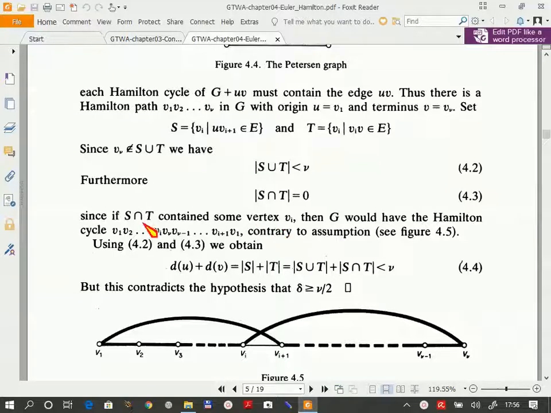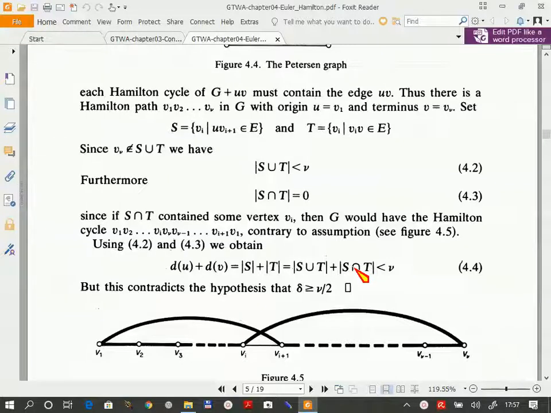And now we can have this. If you take the degree of U, it is the number of elements in S by the definition of S. The degree of V is the number of elements in T by the definition of T. So this sum is the number of elements in the union plus the number of elements in the intersection.